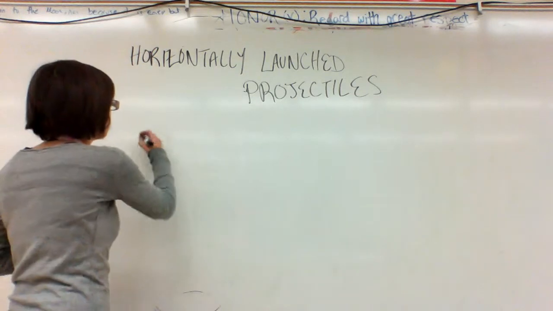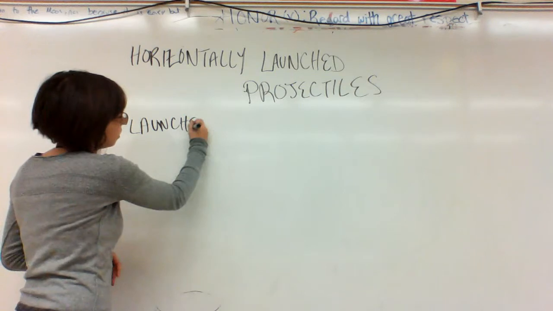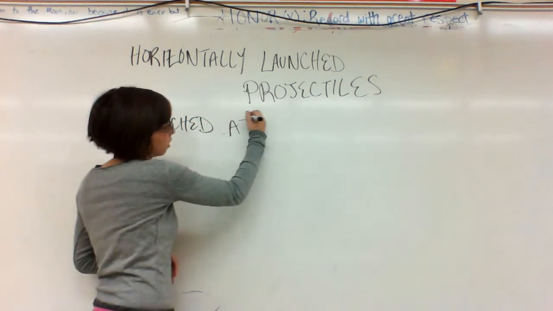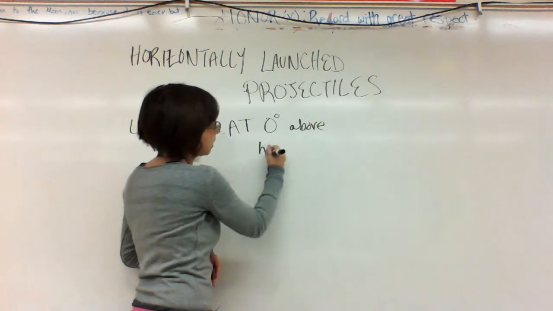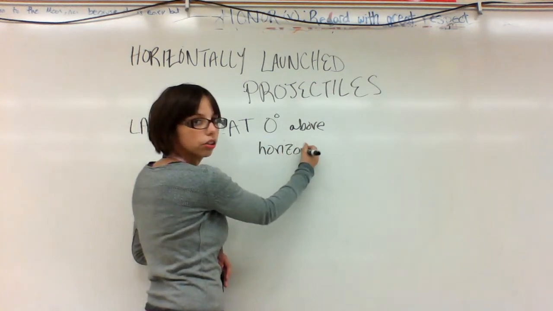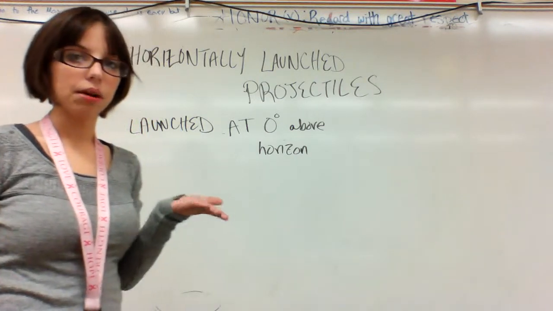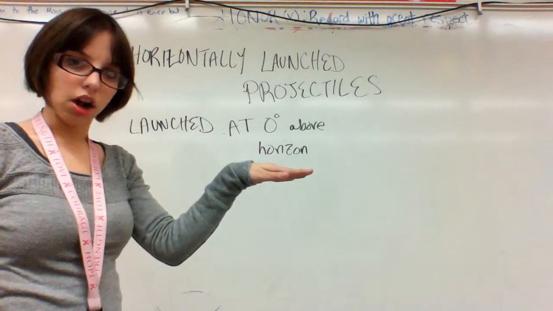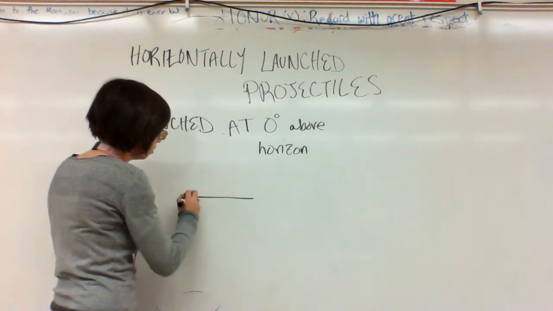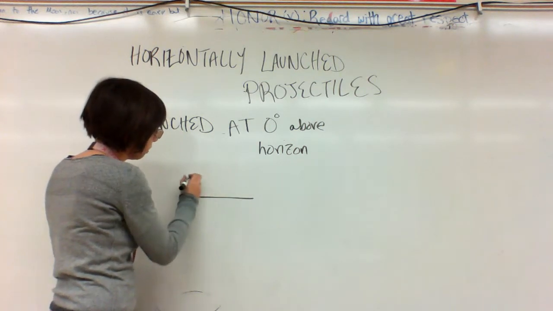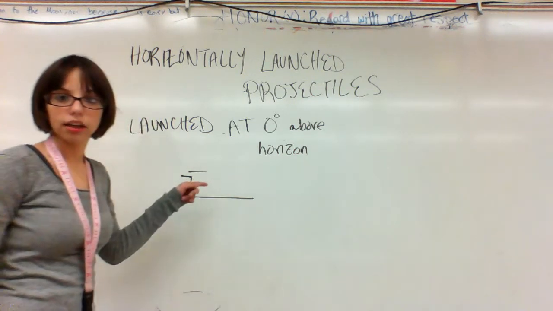If something is launched horizontally, what that basically means is that it's launched 0 degrees above the horizon. So here's the ground. I have some elevated platform, and I'll launch it straight out like that.